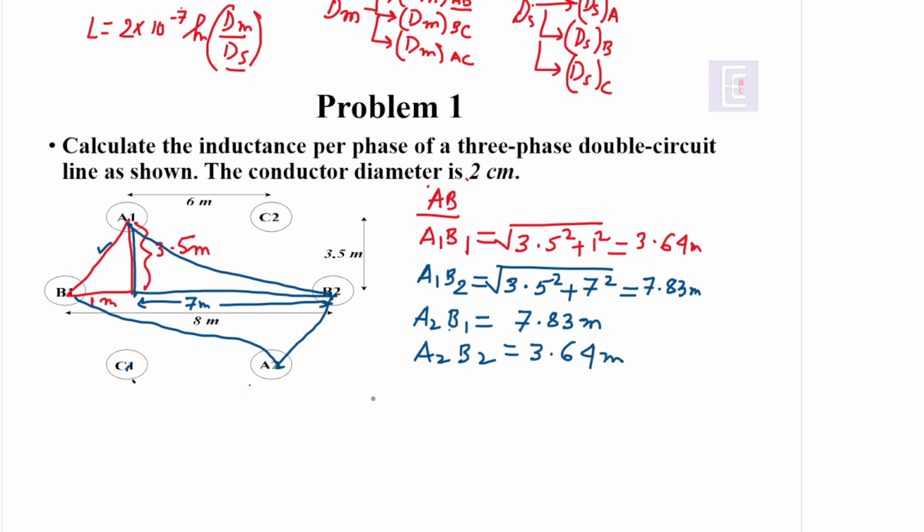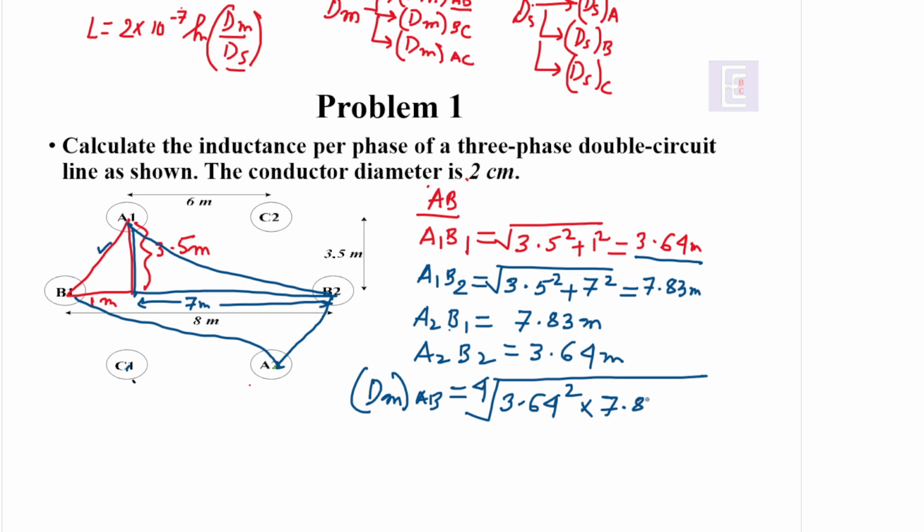So when you calculate the mutual distance between A and B, you should consider all these four distances. So you should take the fourth root. We have 3.64 twice, so you take the square, and 7.83 twice, so you take the square.